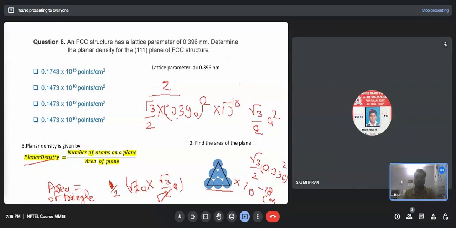So it will be points or atoms, whatever we can consider, per centimeter square.